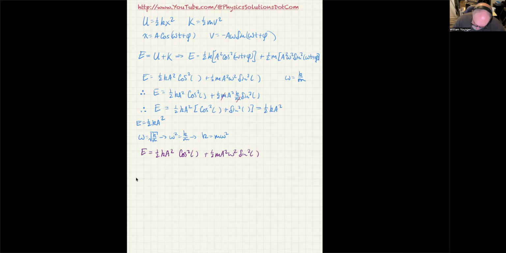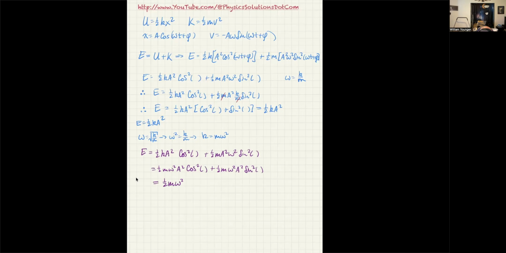Now what I'm going to do is replace the k with m omega squared. That's going to become 1/2 m omega squared A squared cosine squared, blah, blah, blah, plus 1/2 m omega squared A squared times sine squared, blah, blah, blah. And you see finally that that's just 1/2 m omega squared times A squared.